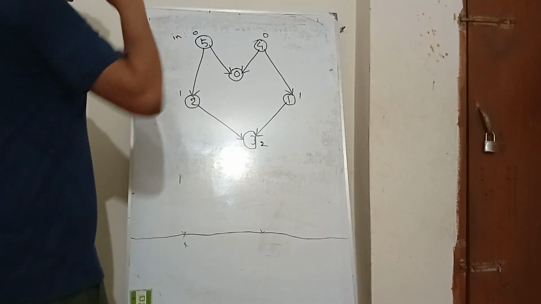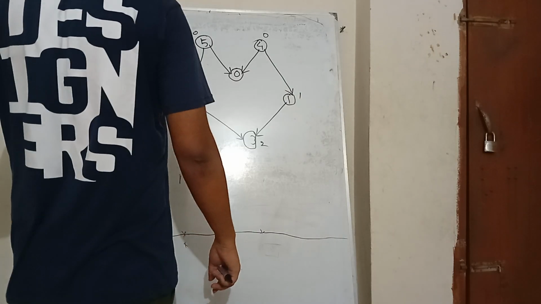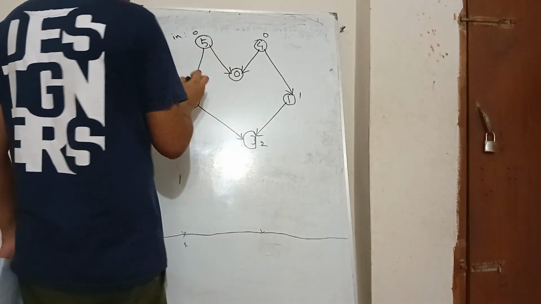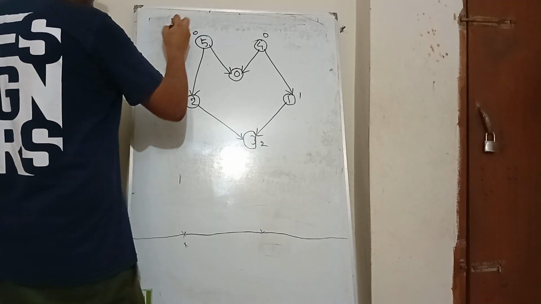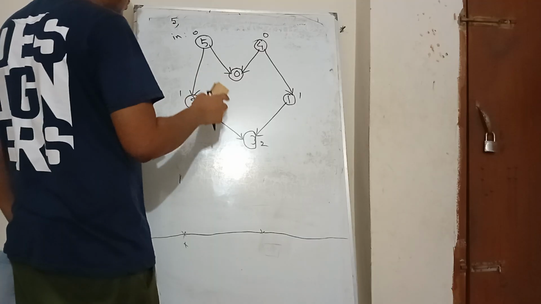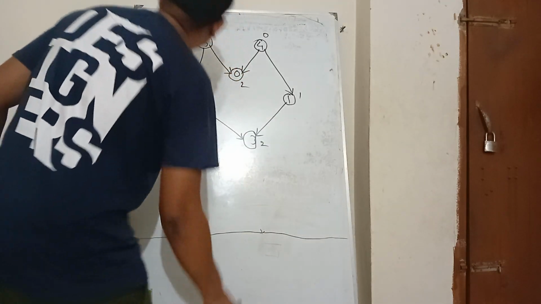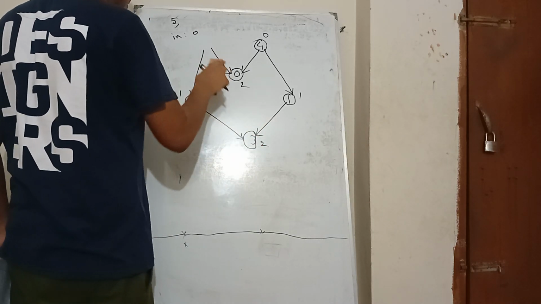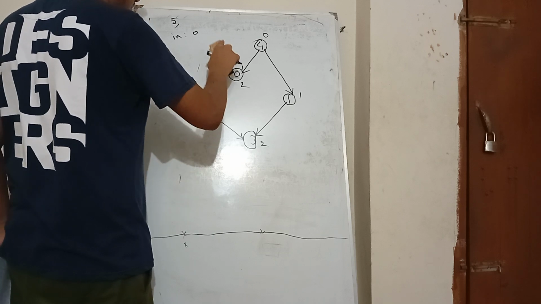So first we will remove a vertex with in degree 0. Let's remove 5, and add it to the sort. So we remove 5 and this connected edge.